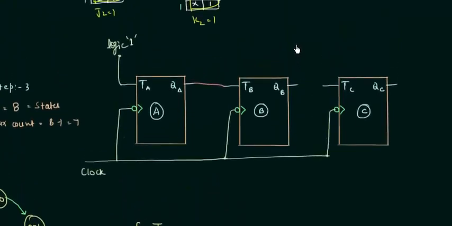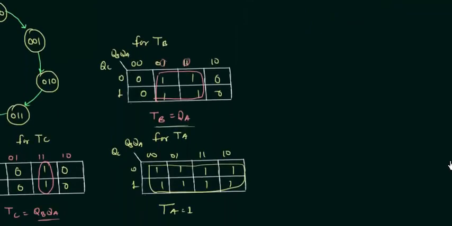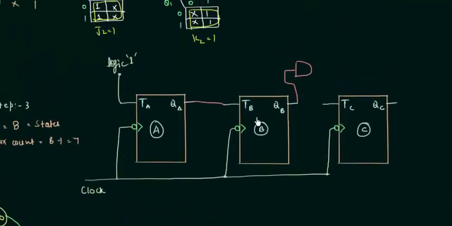So I will use an AND gate here, and the first input to this AND gate is QB and the second input is QA. So I will take QA from here and give it to this 2-input AND gate. The output of this AND gate is then given to TC.